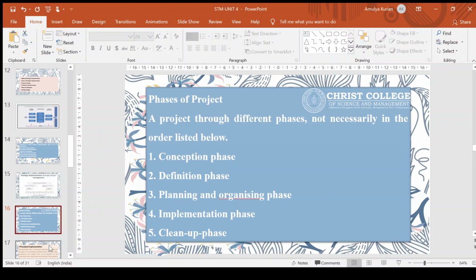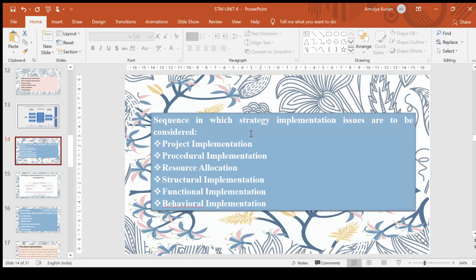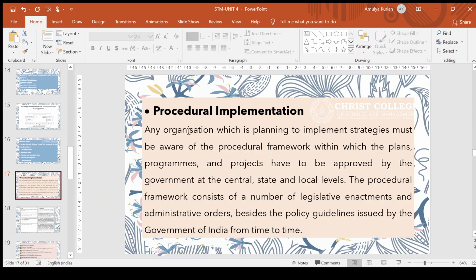Now these things will be coming under the first one, which is project implementation. The second one is called procedural implementation. Any organization which is planning to implement strategies must be aware of the procedural framework within which the plans, programs, and projects can be approved by the government, at central, state, and local levels.